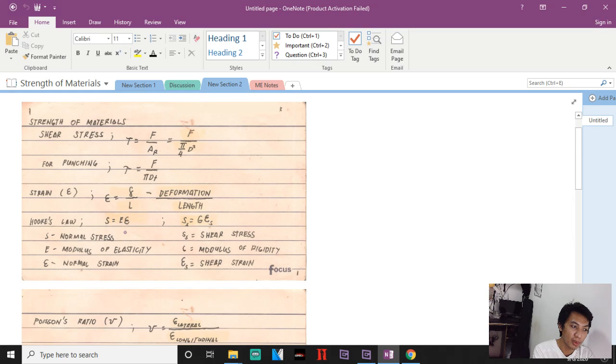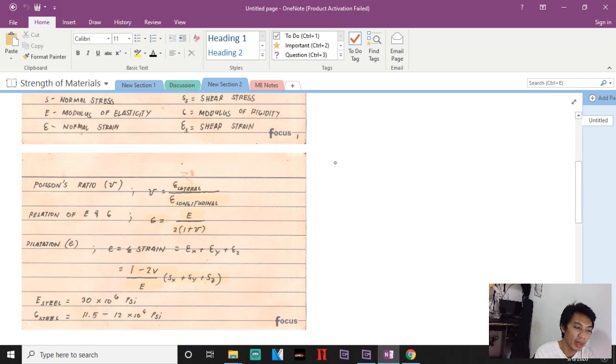Okay, yung Poisson ratio kasi natin, tandaan nyo, Poisson ratio is mu. Ito ko, ang ginagawa ko V. Okay, that is Poisson. E and G, dito natin makukuha yung formula niya.